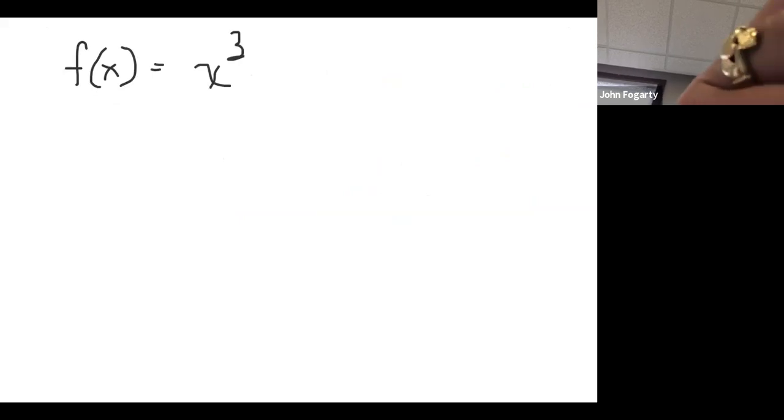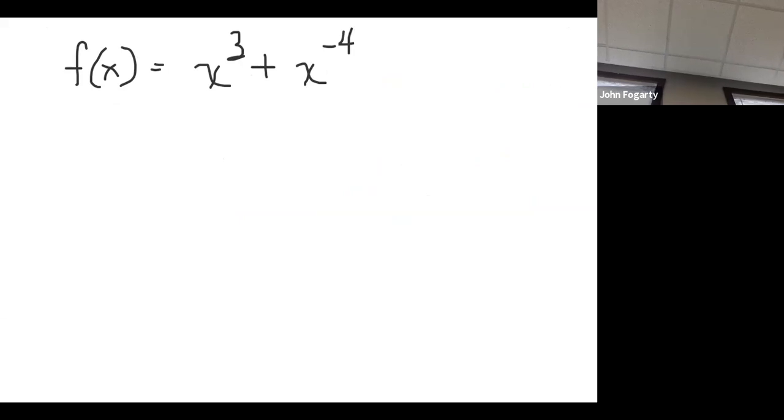So it looks really complicated, but it's really not. So I'm telling you that f of x equals x to the third plus x to the negative 4.